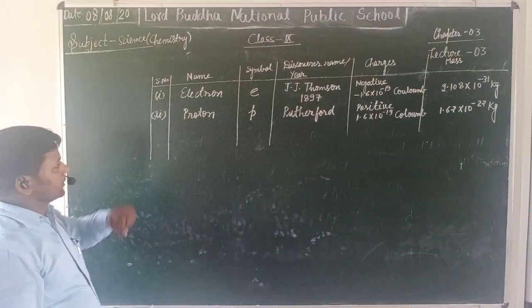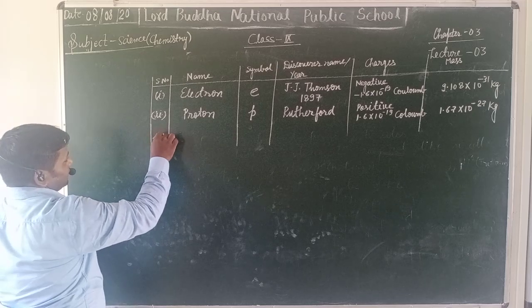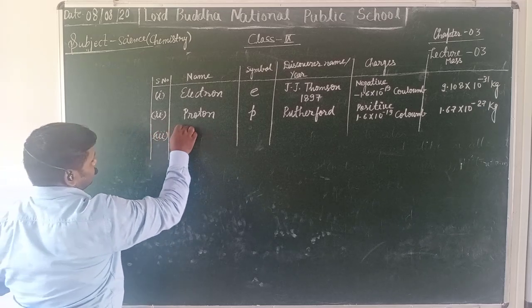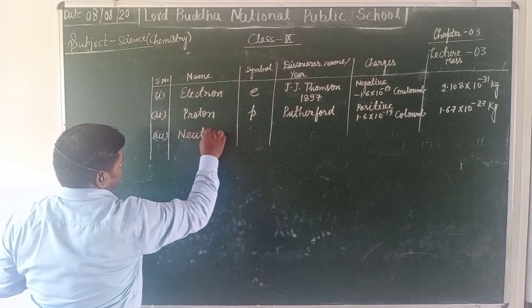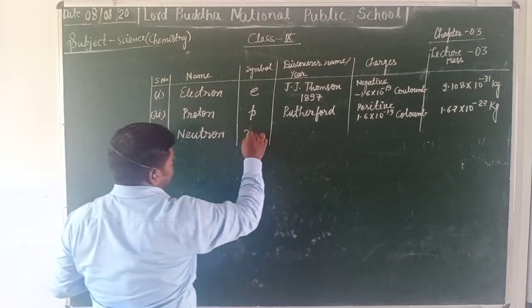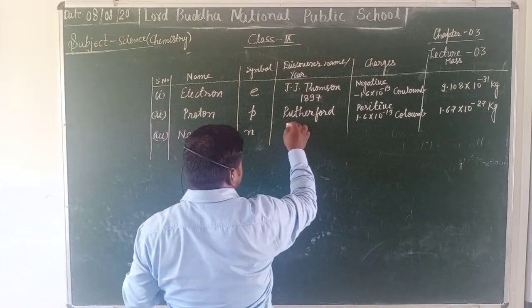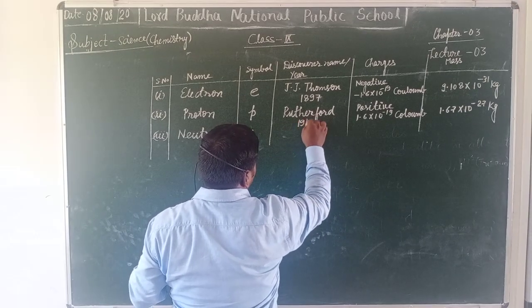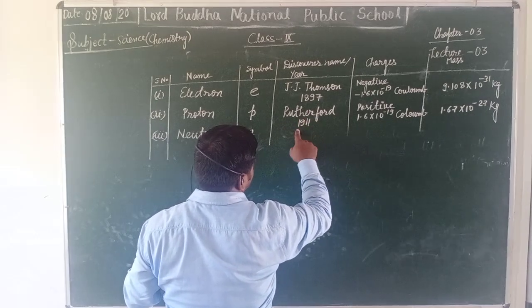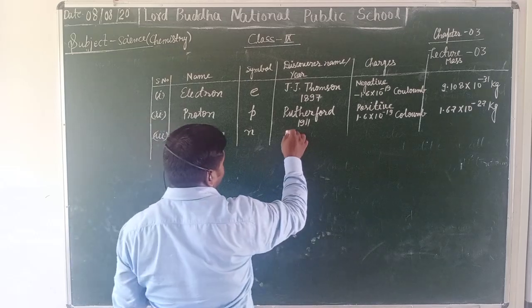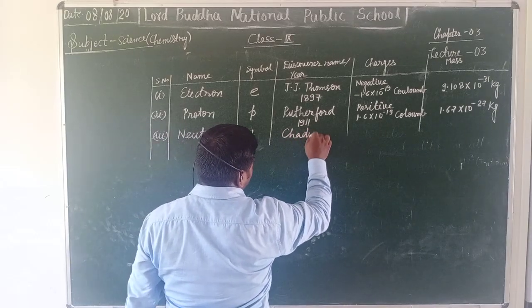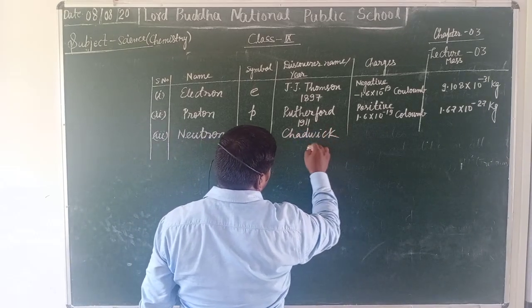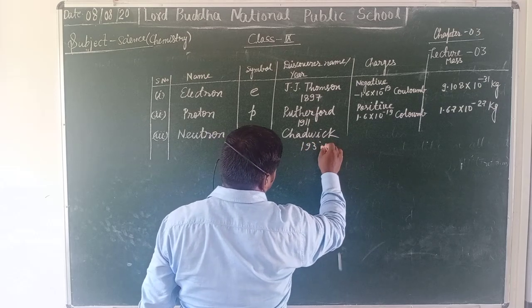And the last one, students, is neutron. It is represented by small n. Chadwick was the discoverer of neutron. He discovered it in 1932.